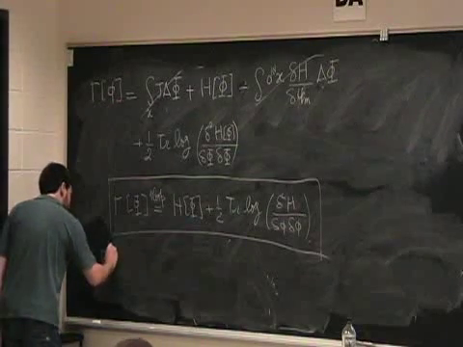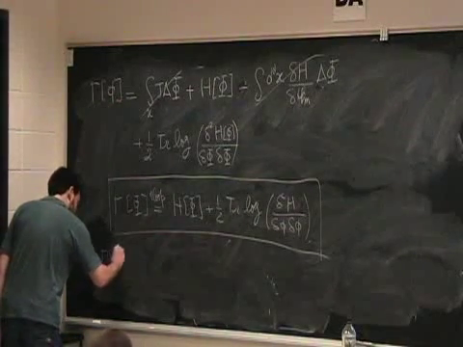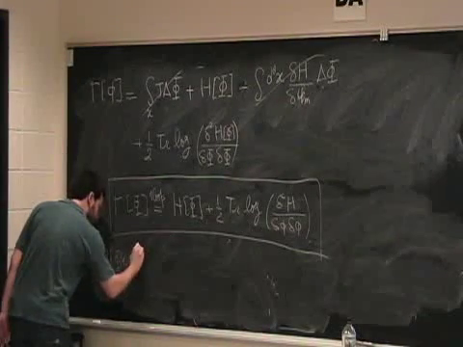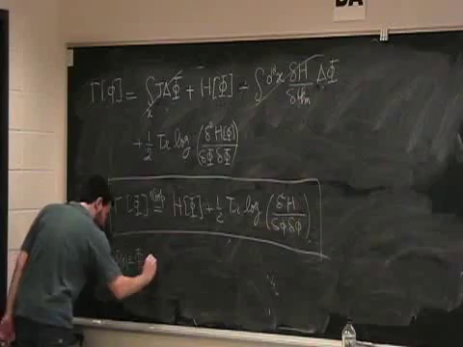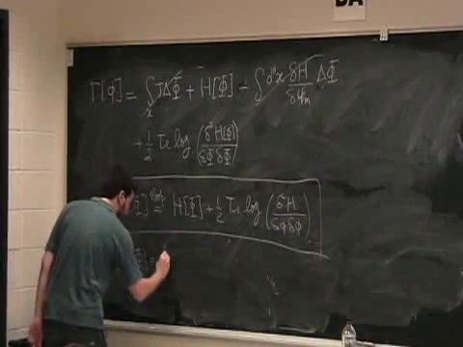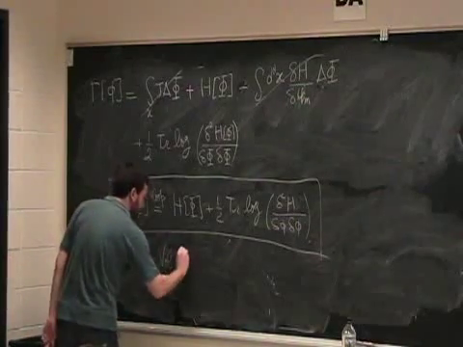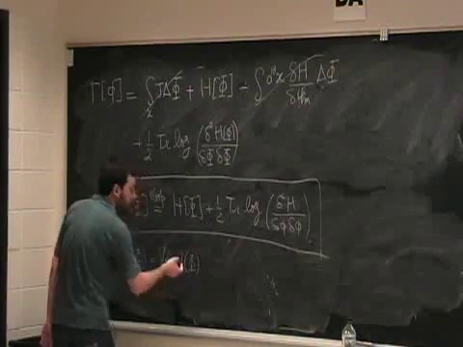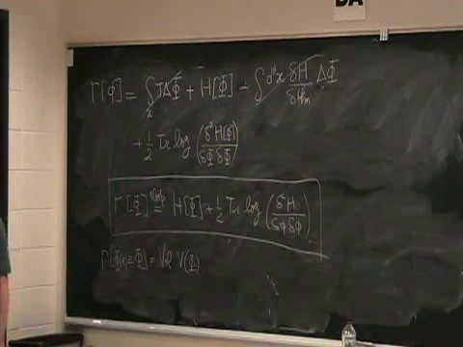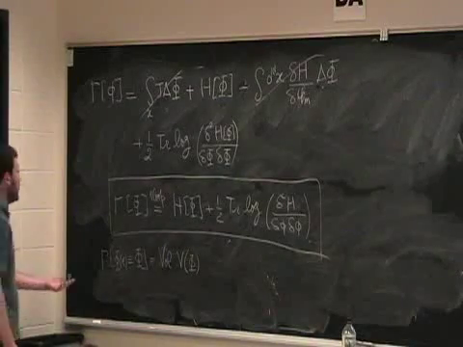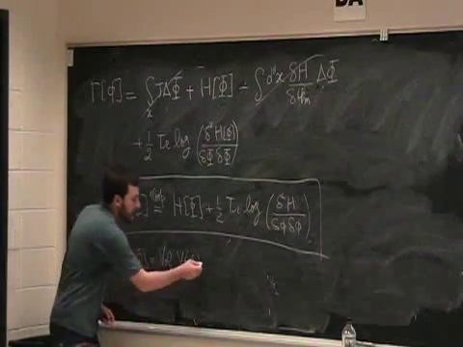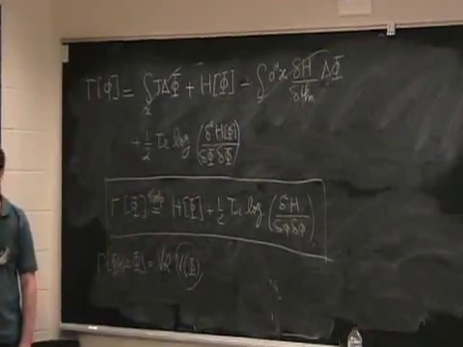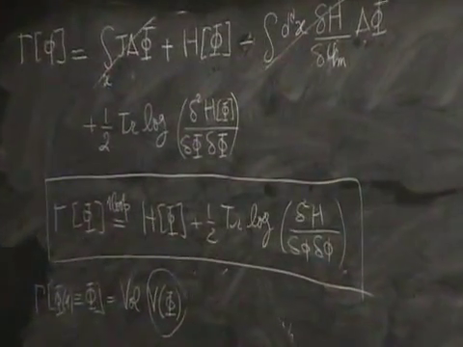So gamma, if phi of x is identically a phi that does not depend on x, is proportional to the volume times a function of phi. That now is a constant. So in order to have the expression for that, you must simply evaluate this equation at a constant external field.